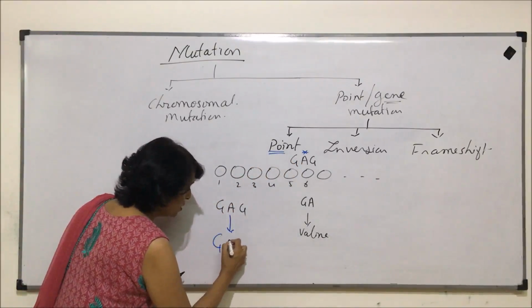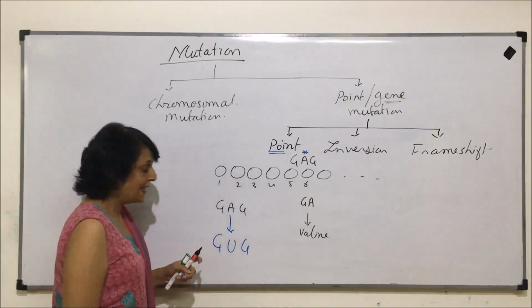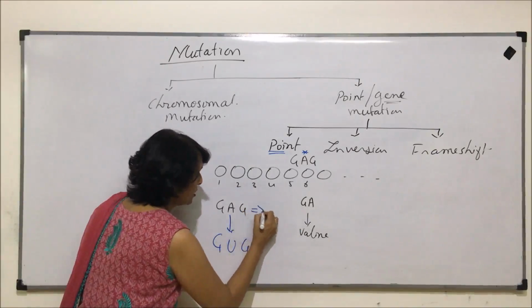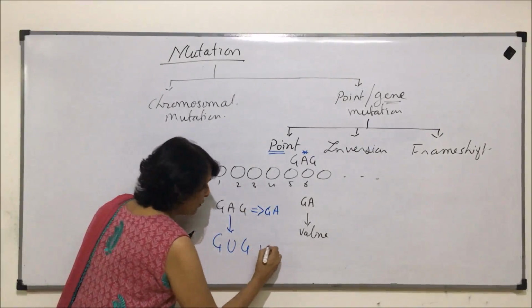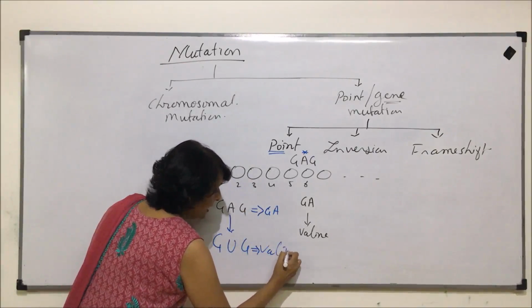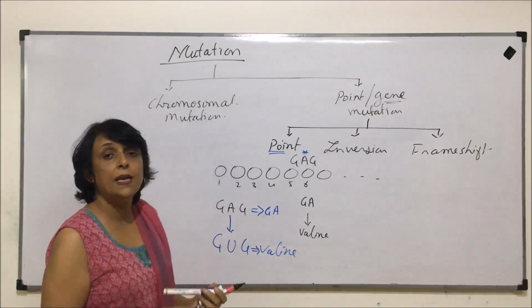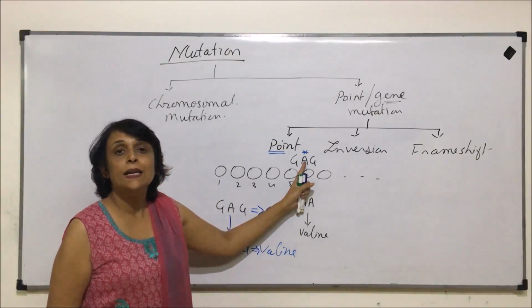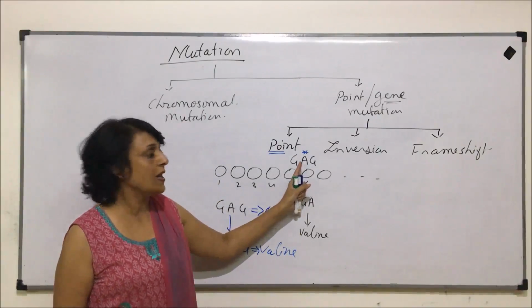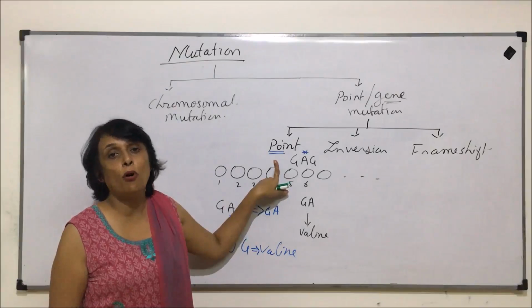If it becomes GUG, then GAG was coding for glutamic acid, and GUG codes for valine. So this mutation is due to just one nitrogen base changed, and that is why we are calling it point mutation.